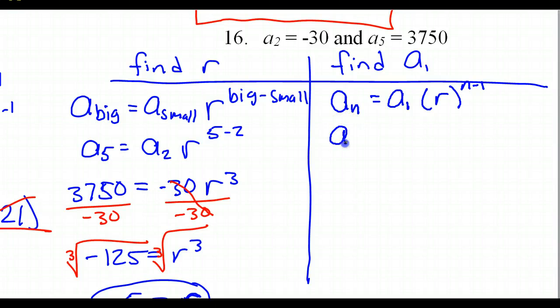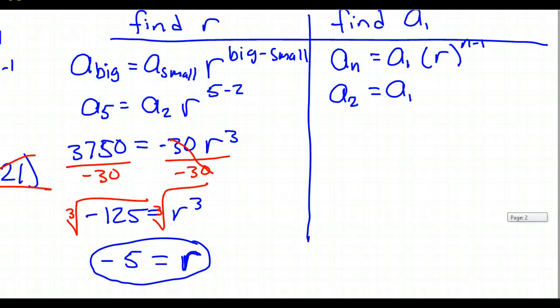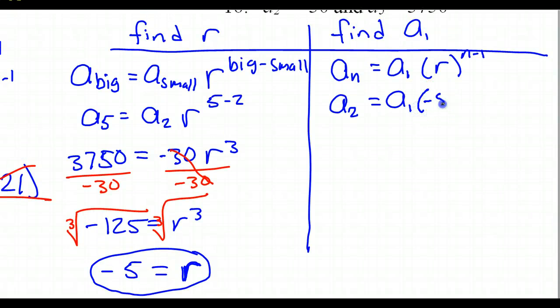So an becomes a2 is equal to a1. Now r, I just found r, so I'm not going to write r anymore. I'm going to put negative 5. N, I've just decided that n is 2 for now. So this 2 is reminding me to do the 2 minus 1 power right here.